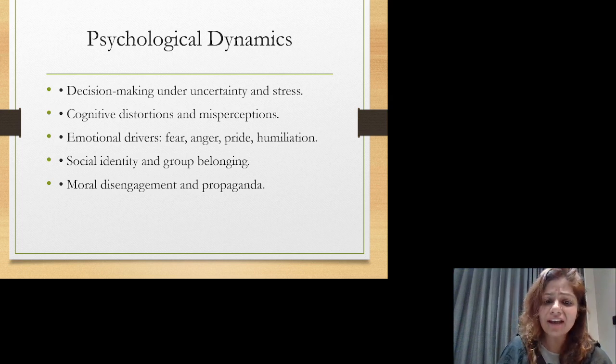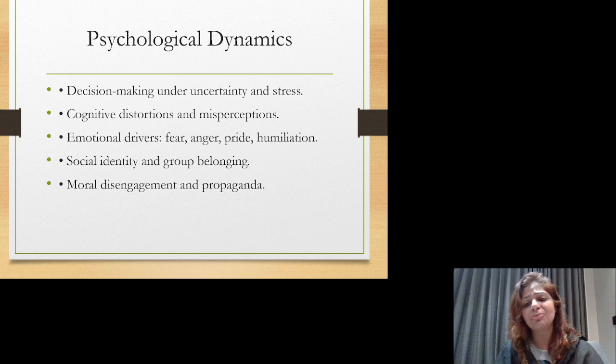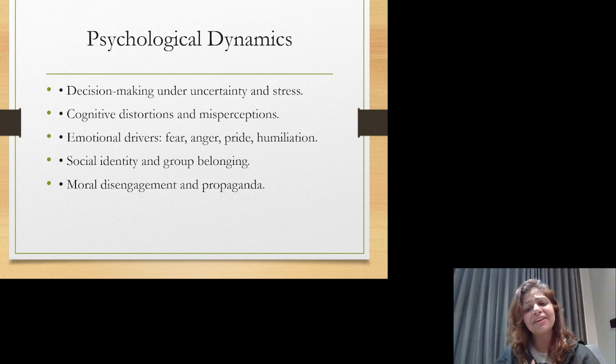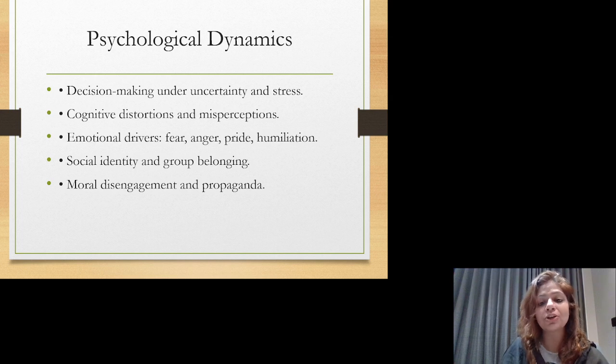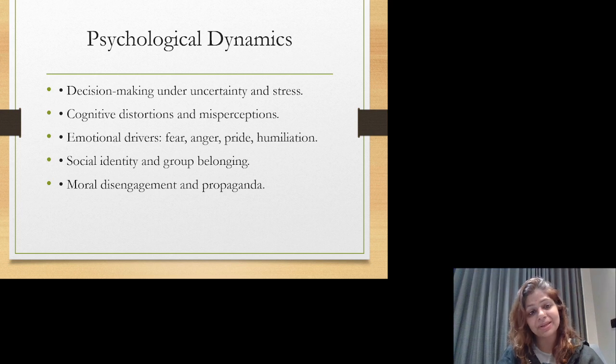How emotional drivers, fear, anger, pride, and humiliation are felt so strongly, and how they relate to political changes that happen in the global space. How social identity and group belongingness are important concepts, and moral disengagement and propaganda also influence the dynamics.